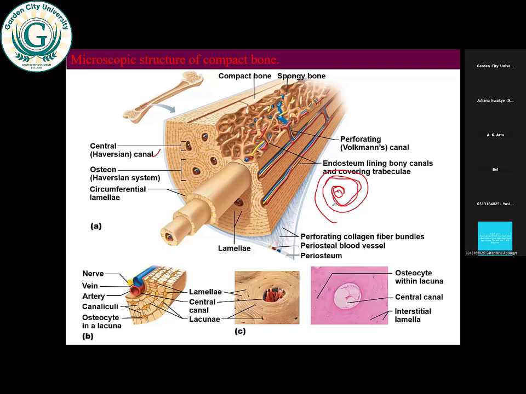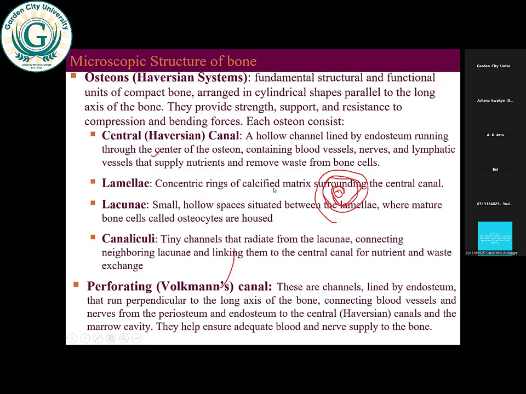Those concentric rings are what we call the lamellae. We call it what? The lamellae. The lamellae are the concentric rings of the calcified matrix surrounding the central canal. So this thing here, the matrix is what? The ground substance and fibers. And they are calcified. That means there is deposition of minerals. Okay.